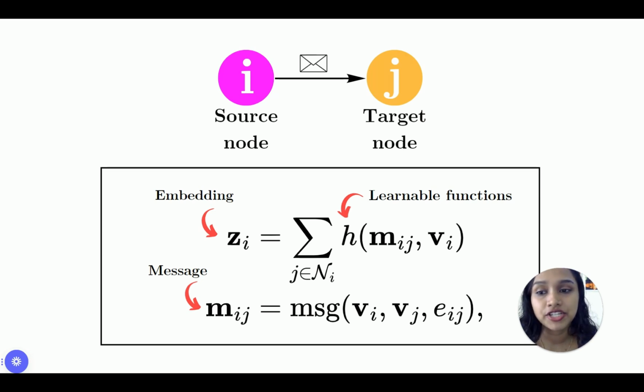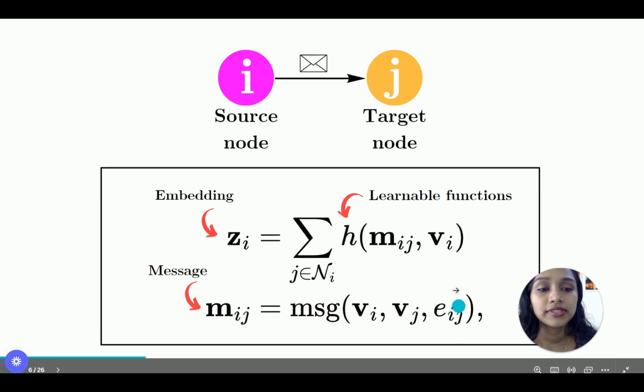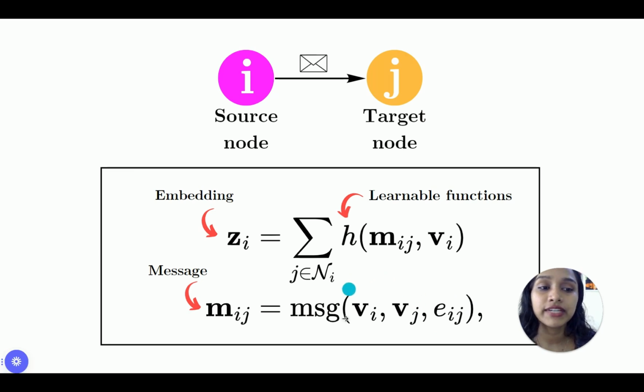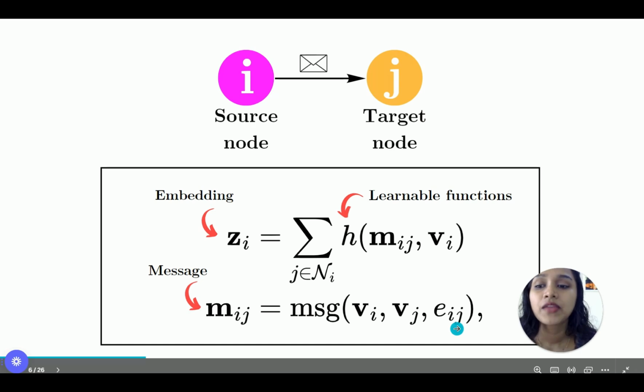msg is the message function. This msg stands for message. It generates a message from the features of the vertex or the node vi and its neighbor vj, and also the edge feature eij that connects the vertex i and j.